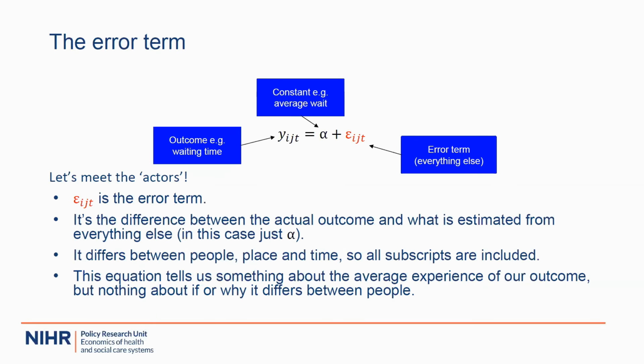And then the other term in that initial equation is another Greek letter, epsilon, which is the most commonly used for what we call the error term, but perhaps could be helpfully thought of as the everything else term, because you can see that we know how long each person has waited. That's where our outcome variable Y came from. We know how long the average person waited, because that's alpha, and those two numbers won't normally equal each other.